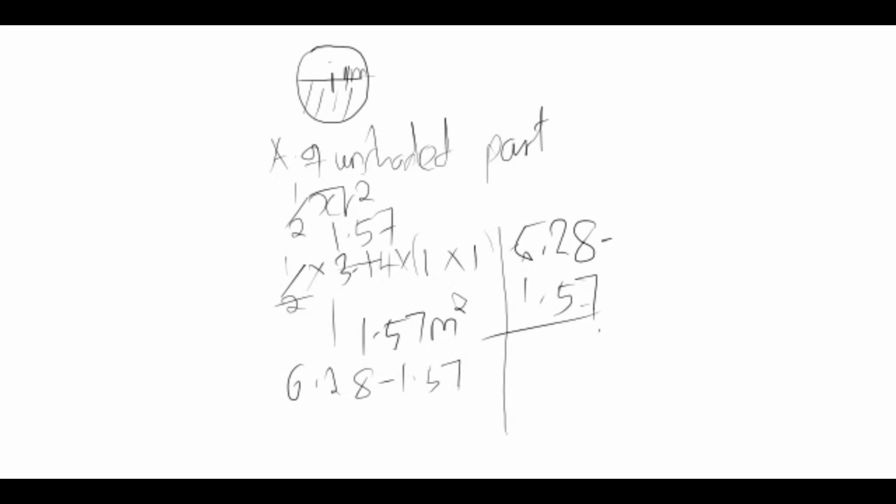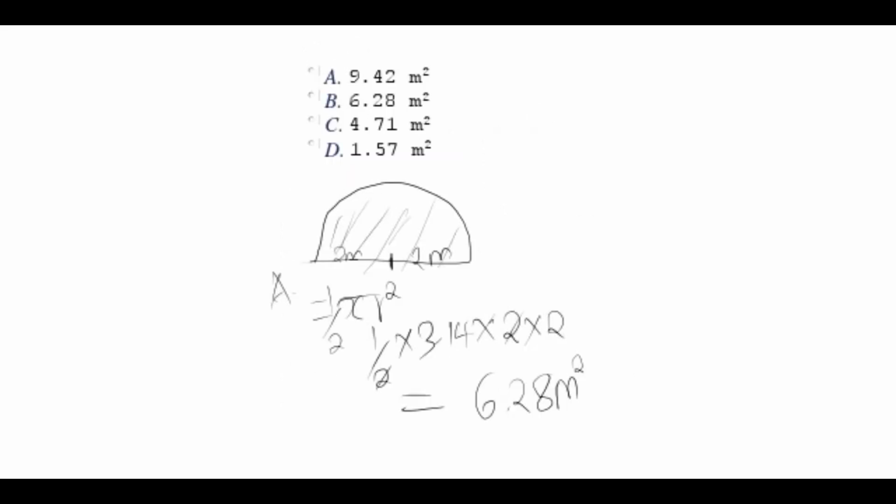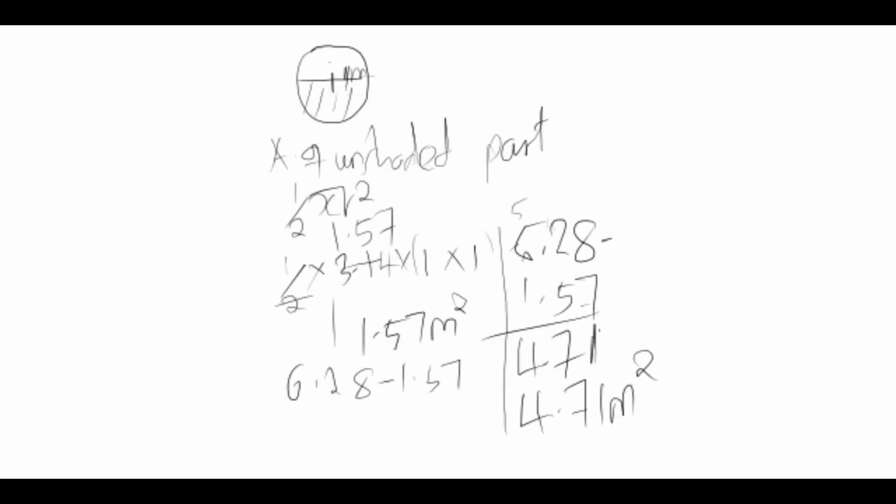We borrow from here, we have 5, so this is 12. We'll have 7. This is 1. 5 minus 1 is 4. So we have 4.71 meters squared, and that is the area of the shaded part.